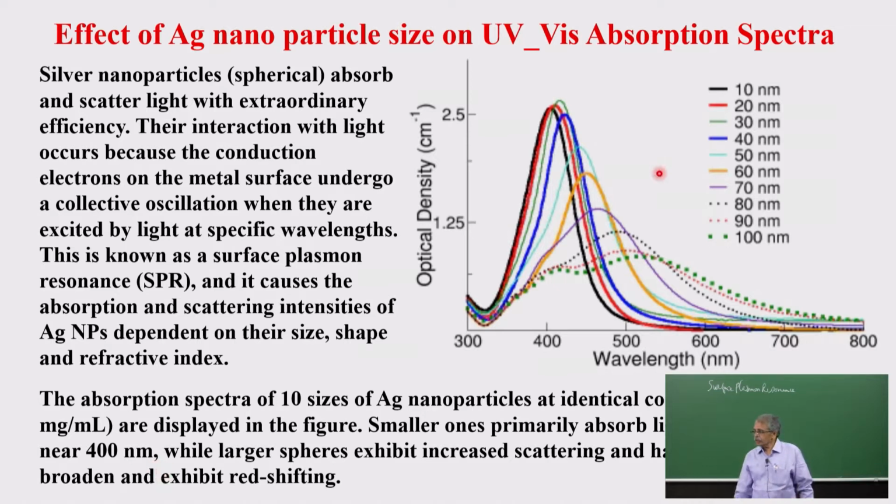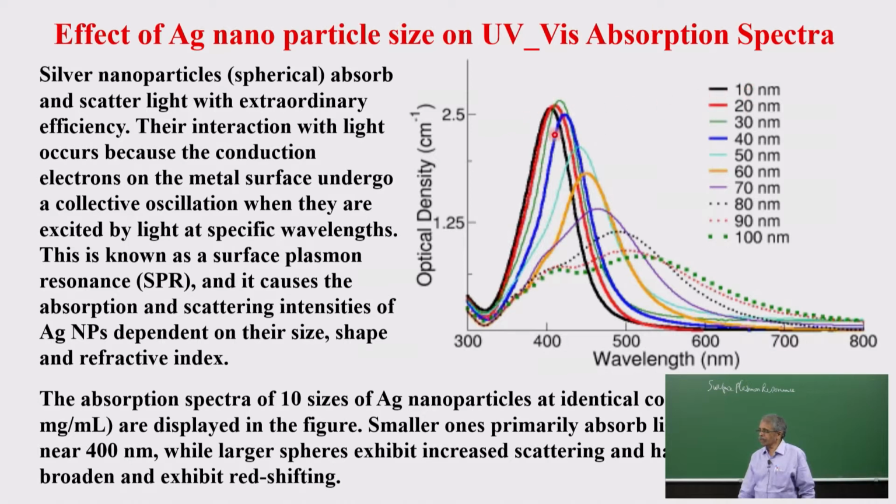So let's look at this slide kindly, on this spectra. We have the spectra collected for different sizes of silver nanoparticles, as you can see here, 10 nanometer, 20 nanometer, 30 nanometer, etc., up to about 100 nanometers. Now let us look at the corresponding color code.